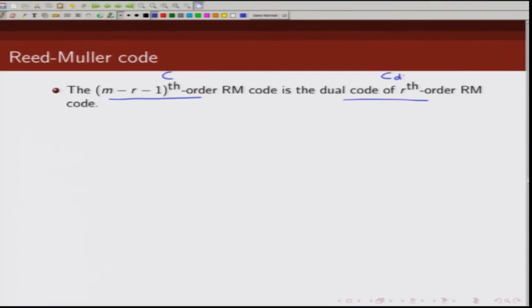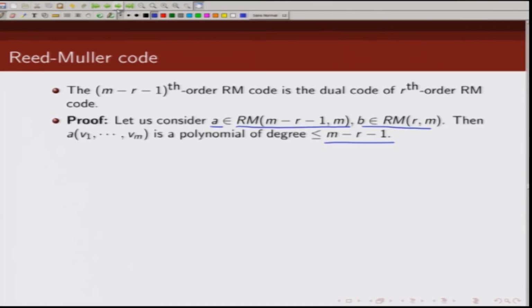So, now we will show if we take a code word from the m minus r minus 1th order Reed-Muller code, and if we take another code word from the rth order Reed-Muller code, then they are orthogonal. That is the first thing we are going to prove. So, let us consider code word A which belongs to the m minus r minus 1th order Reed-Muller code, which is of length 2 raised to power m.